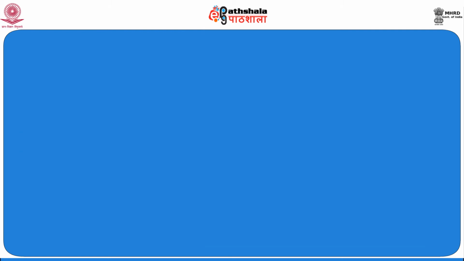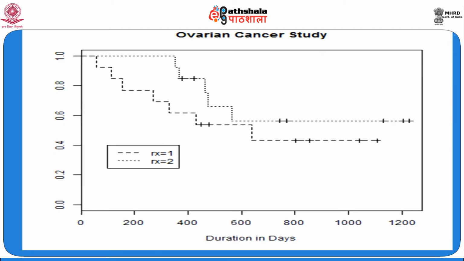The graph looks like that, ovarian cancer study. Through the x-axis we are showing the duration in days, how many days each patient was observed, and you can see the graph starts from 1 and goes down toward 0. By the theoretical property of survival analysis, the Kaplan-Meier curve is a step function graph that starts from 1 where time is 0.